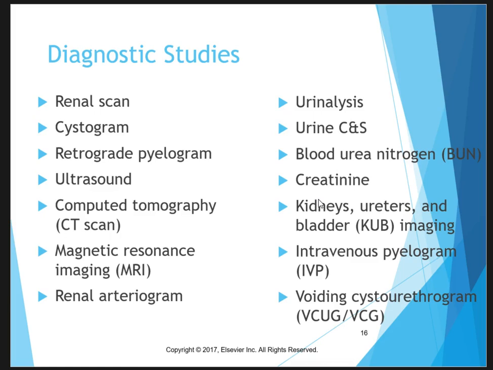The one that I really want you to focus on is your UA and your culture and sensitivity, because that's what you primarily use when you're looking for UTIs. All these other ones are big factors in looking at recurrent UTIs, why is it happening, your pyelonephritis that continues, things like that.